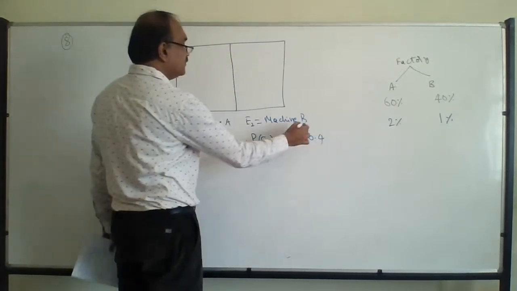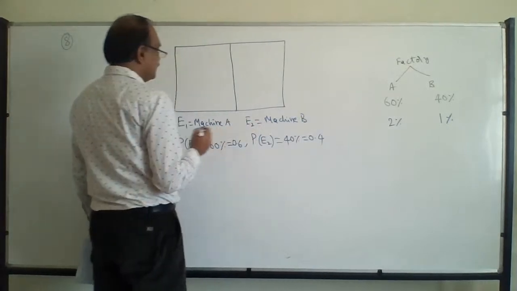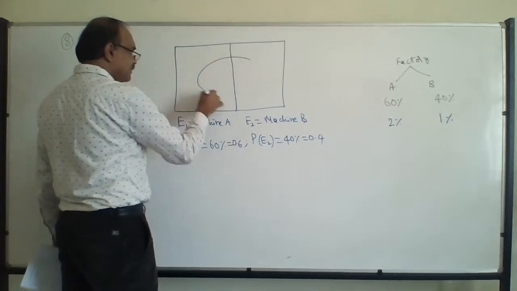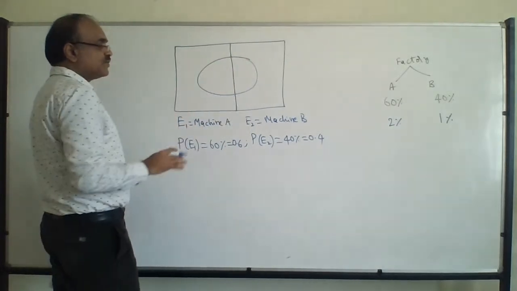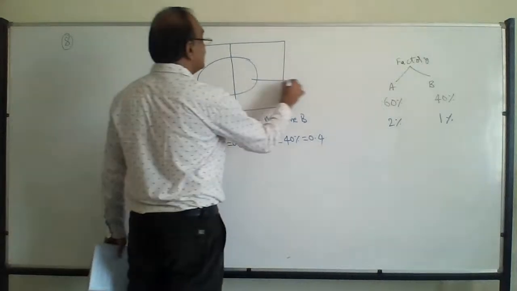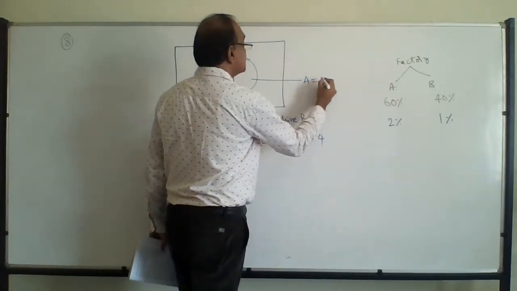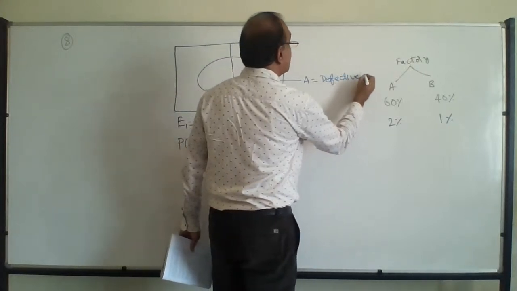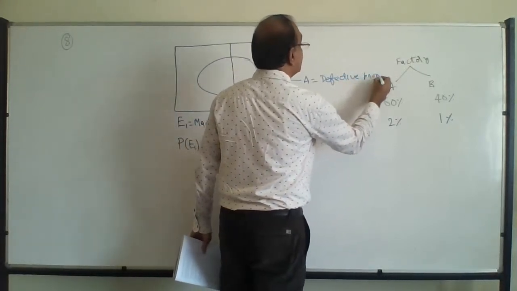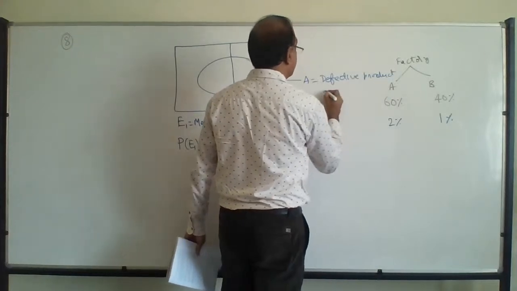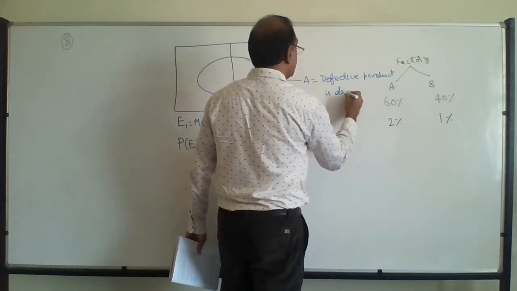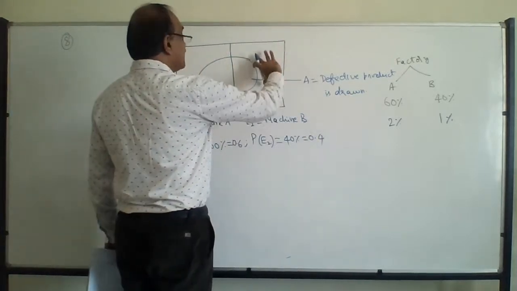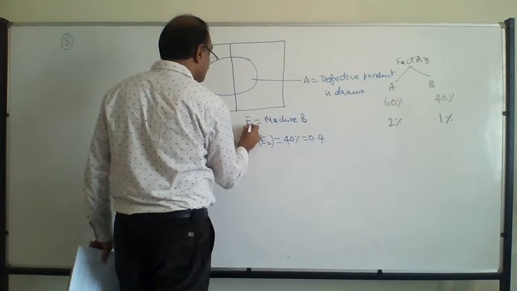Now, one item is picked randomly from the stock of all the products. And you found that this is defective. This is a defective product. Defective product is drawn. Now we want to know what is the probability that it is coming from machine B, meaning E2.